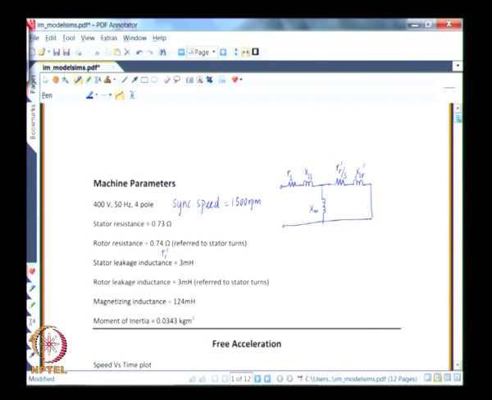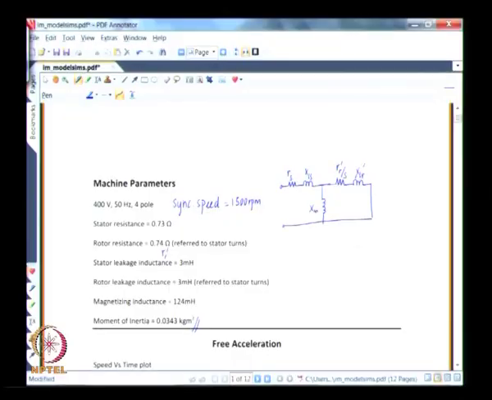So, having got this, now you see that an additional piece of information that is required, that is moment of inertia, because we are now trying to look at the dynamics of the machine. So, speed change becomes important. The equivalent circuit does not require the moment of inertia information because it does not attempt this kind of a study.